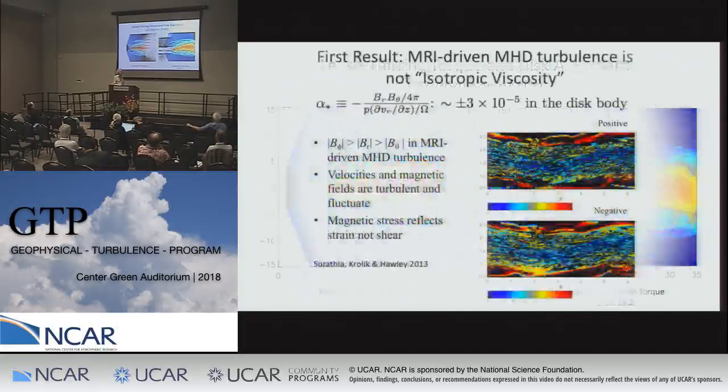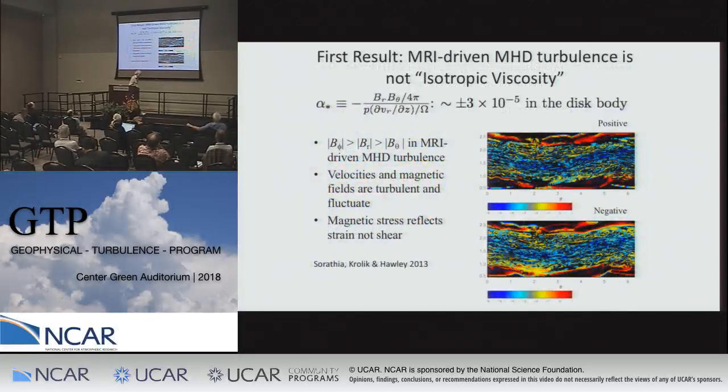Now, the first thing that comes out that is relatively obvious is that MRI-driven turbulence is not isotropic. Stresses are not isotropic. MRI favors the R phi component, and in all the simulations everybody's done with shearing boxes and other setups, you always have this scaling, B phi greater than B R greater than B theta.